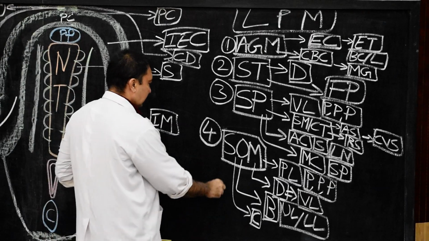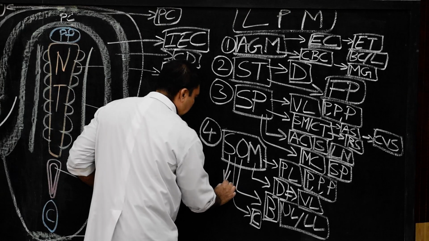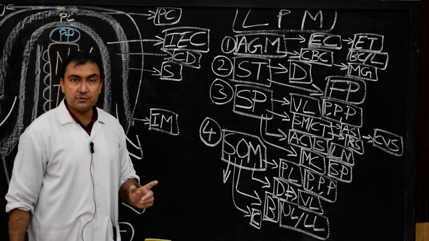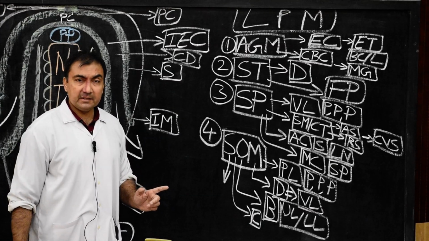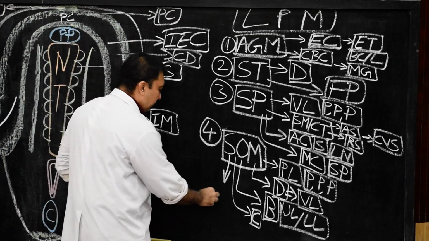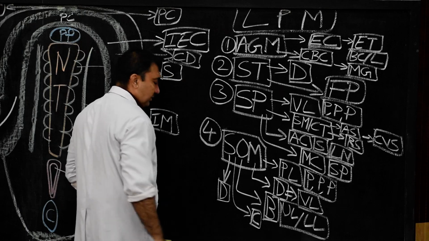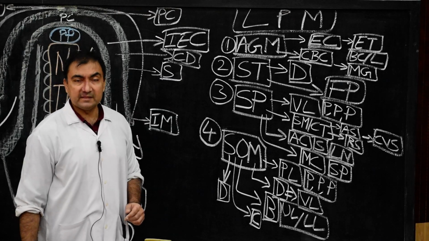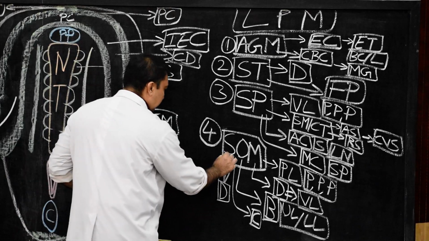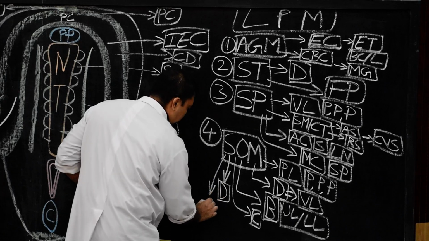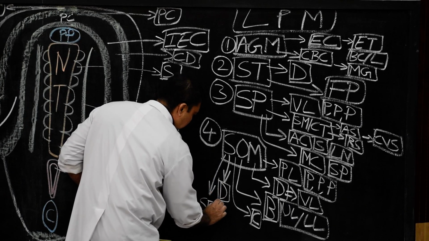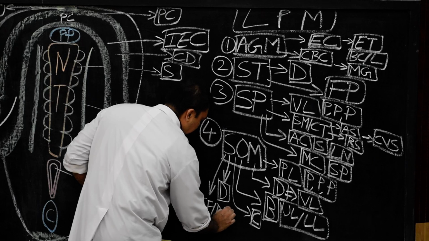Along with that, the somatopleuric layer will develop into, also very interesting, dura mater. Please note down. Dura mater will also develop from this layer, and this somatopleuric layer will develop into superficial fascia and deep fascia.